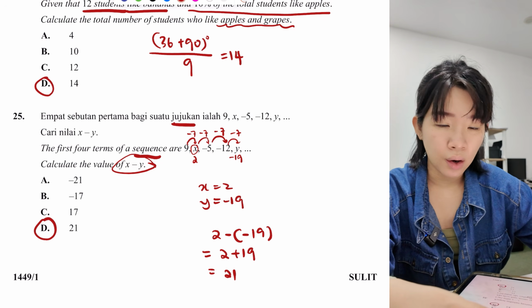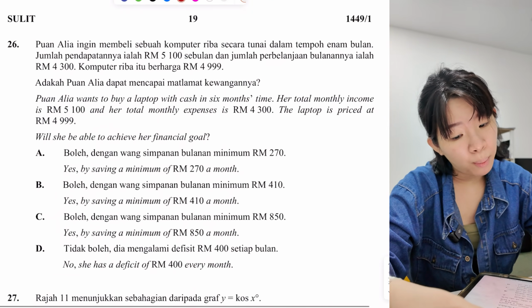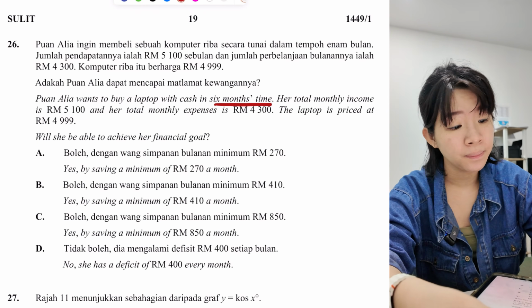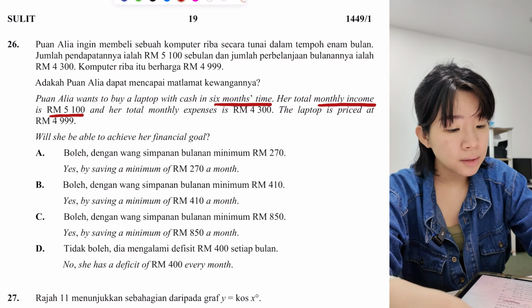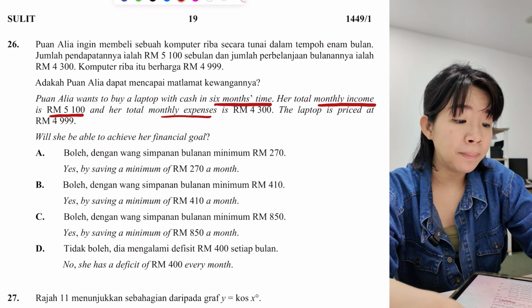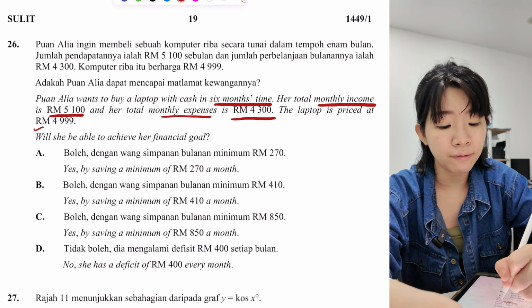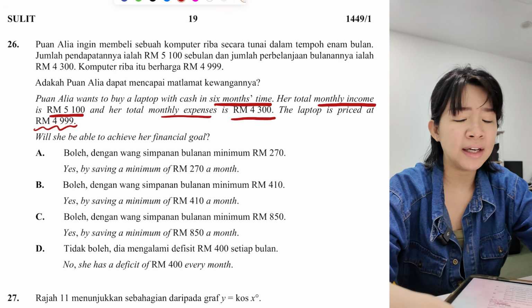Done. Alright, next, question 26. Alia wants to buy a laptop with cash in 6 months' time. Her total monthly income is 5,100. Her total monthly expenses, pembelanjaan, is 4,300. And the laptop price is 4,999. Was she able to achieve her financial goal?